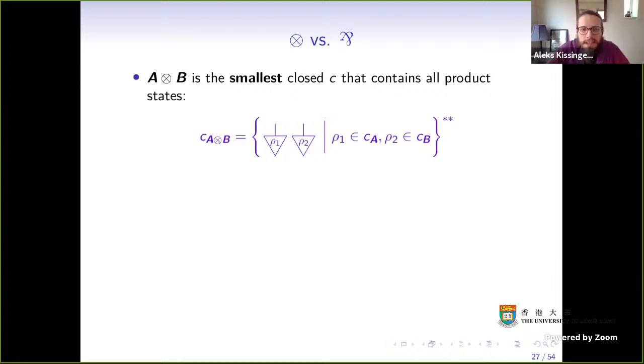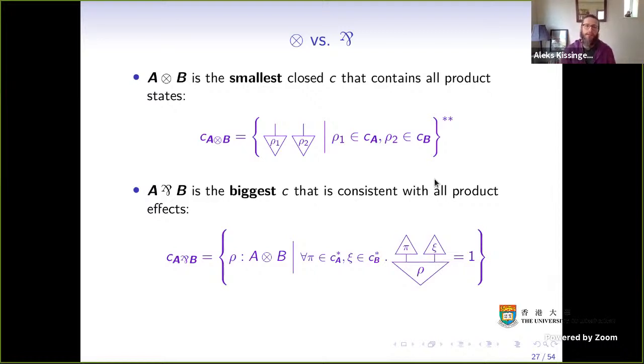Okay, so what's the tensor? The tensor is the smallest set of states which is closed and contains all the product states. Okay, so I take all of the product states and I take its double dual to close it. The par is the biggest set which is consistent with all of the product effects. Okay, so here I have an effect on my first system and an effect on my second system, and I take all the states which are normalized for all of those things.